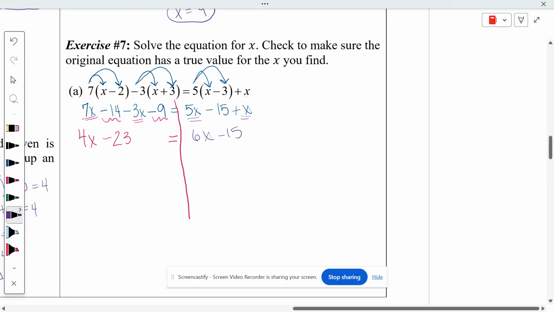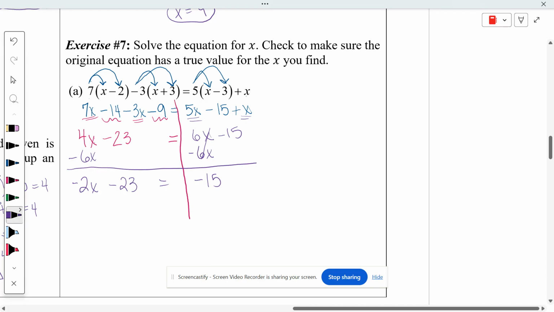Now remember, I try to always move my variable terms to the left, my constants to the right. So I'm going to subtract 6x from both sides. I know that's going to give me a negative x term, but I don't care. 4 minus 6 is negative 2. So I have negative 2x minus 23 equals negative 15.